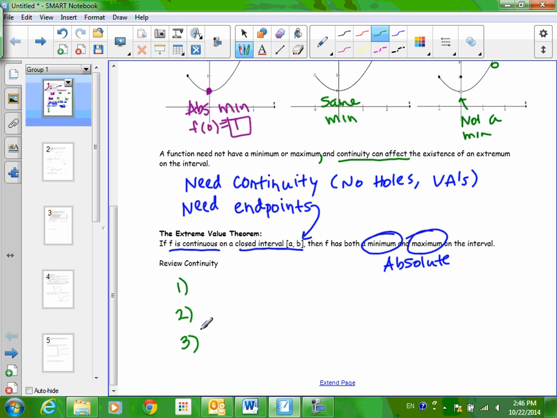And by the way, the back of your after party due tomorrow, you have to be using these things. You have to use the definition of continuity. It says in the directions, it's like the very last 3 problems, use the definition of continuity. So you need to be using these things. So does anybody remember what the first one was? And the hint is it has to do with limit.